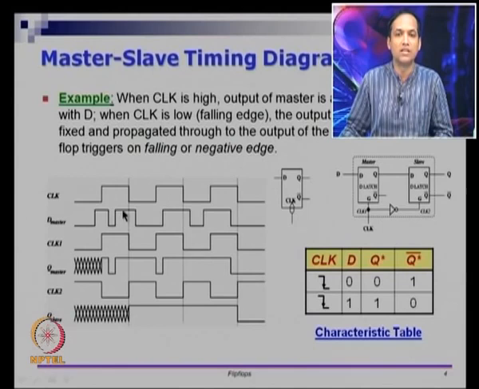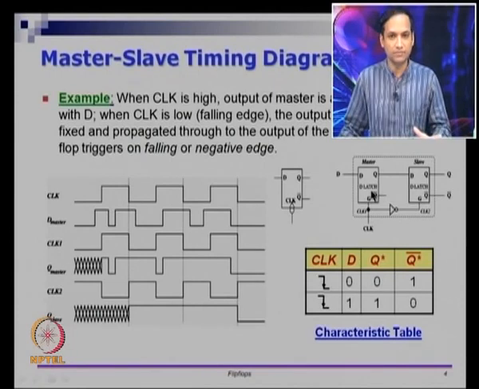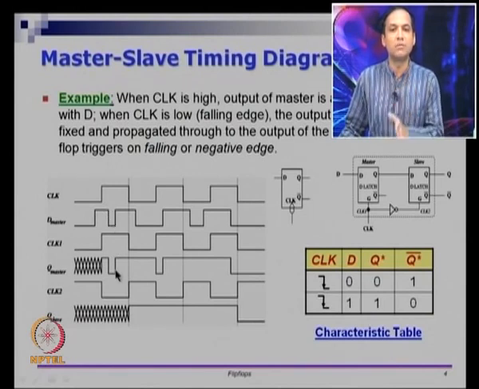For example, this 1 to 0 transition does not appear in Q master. Similarly, this 1 to 0 and 0 to 1 transition does not appear in Q master. So some transitions are captured, some are not, but master is still a latch. Whenever CLK1 is on, if there are changes in D, that will be captured in Q master.